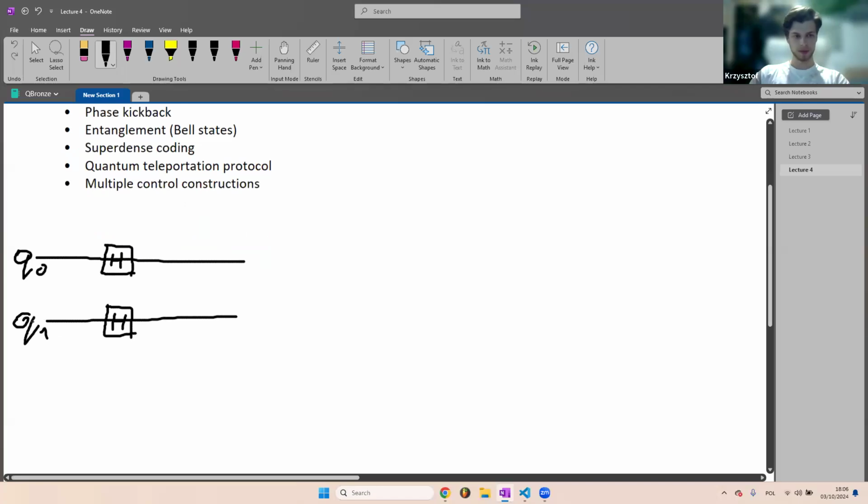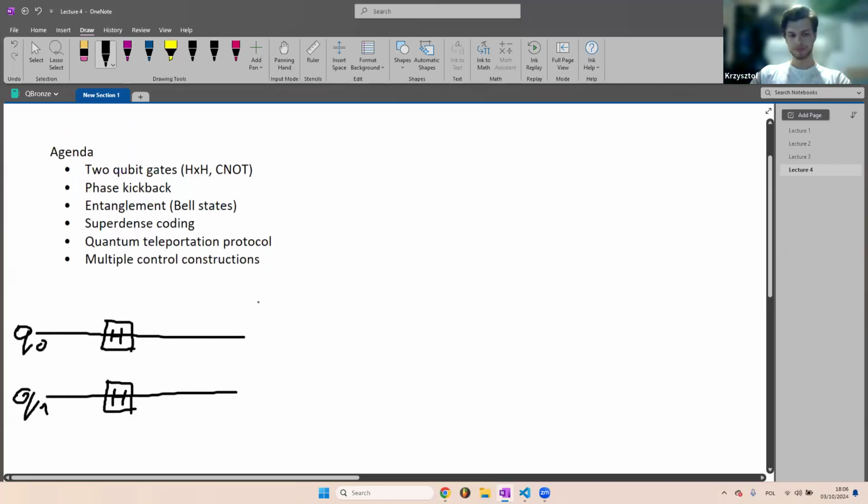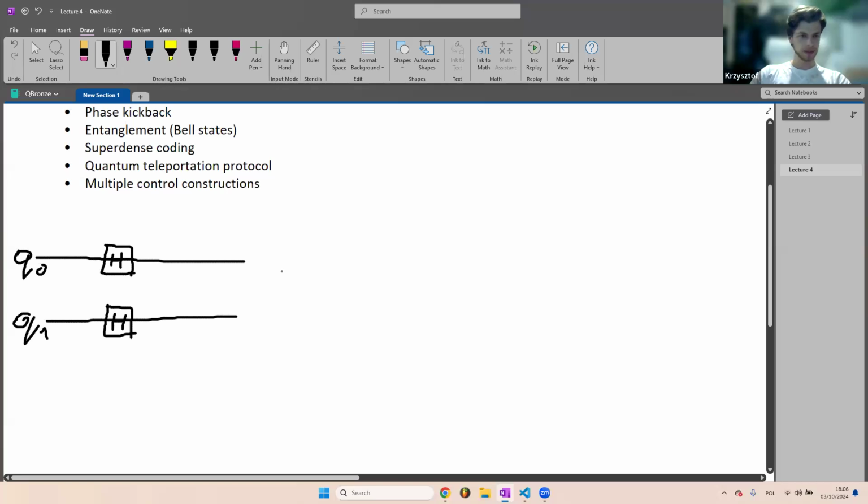This is a very common way to represent gates in Qiskit. So actually, let's calculate the state if both qubits are in the 0 state. Let's see what is the resulting state after applying the two Hadamards.